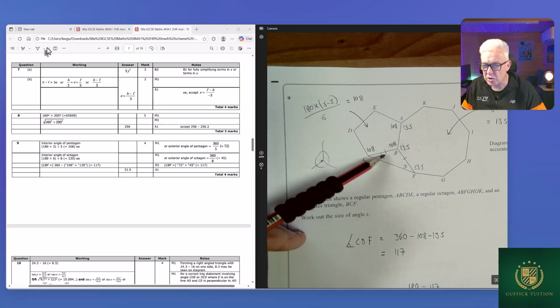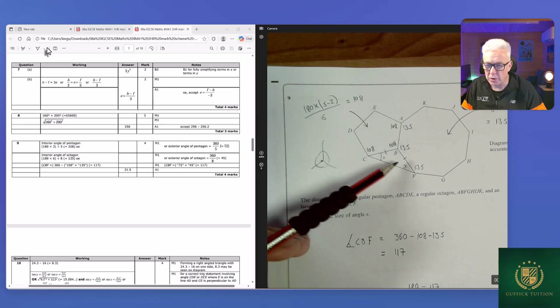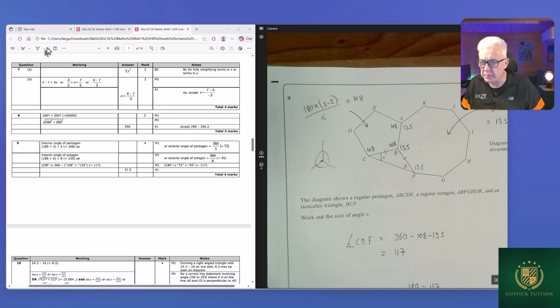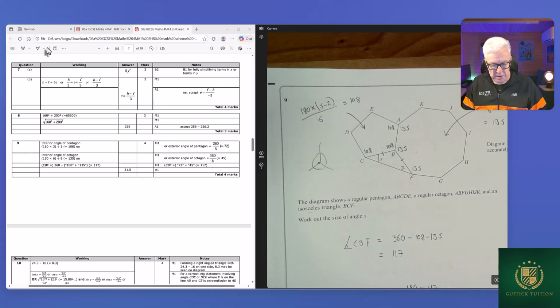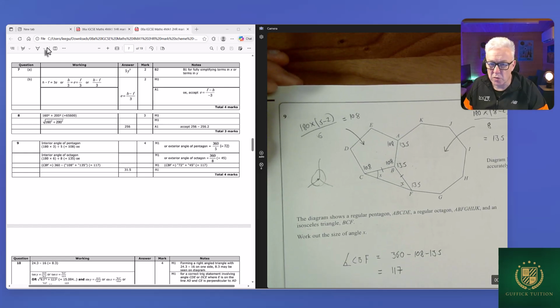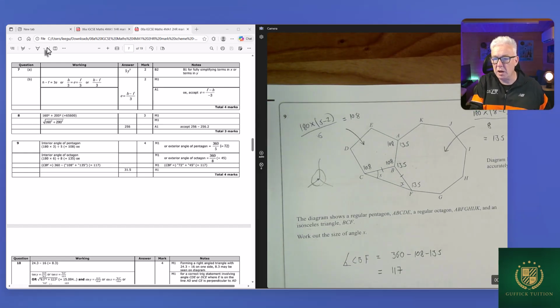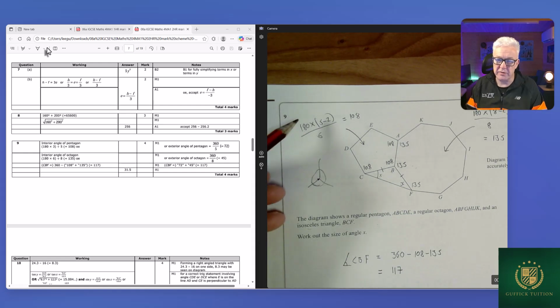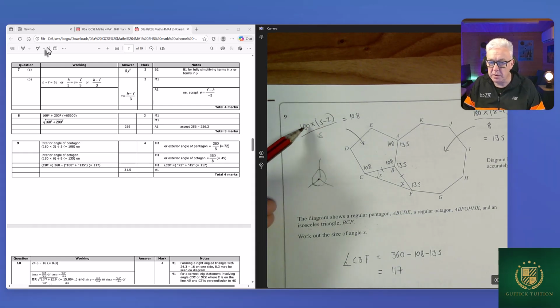Now, because this triangle is isosceles, once we know what B is, we'll then be able to work out what x is. So our first step then is to work out the interior angle of a pentagon. So the interior angle is going to be given by the angle sum divided by the number of sides.